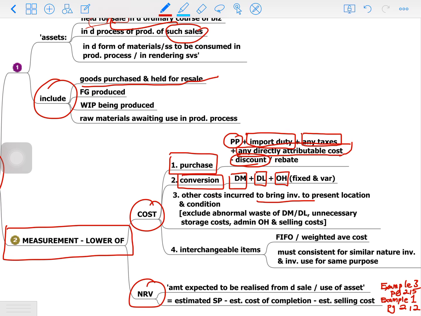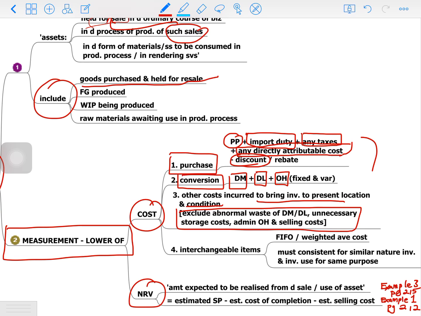This should exclude abnormal waste of direct material or direct labor, unnecessary storage costs, administration overhead and selling costs. Should exclude these costs. Okay, so this is what it means by cost. This is how you measure the cost of the product.